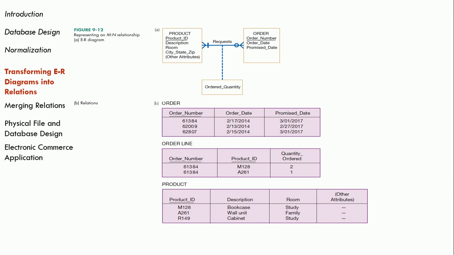Now, since the order line would have the many on both sides, that has both the order number and the product ID, right? So that has the product that's on the order and the order number both in that middle table. That middle table is the glue that holds together the many-to-many relationship. So we have to create that third table to support that associative entity.